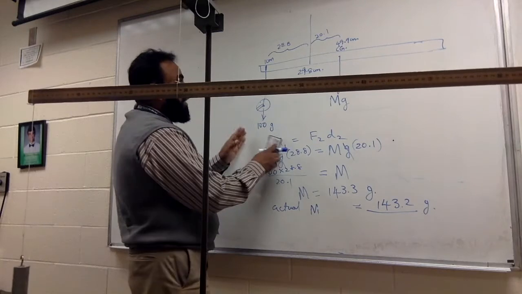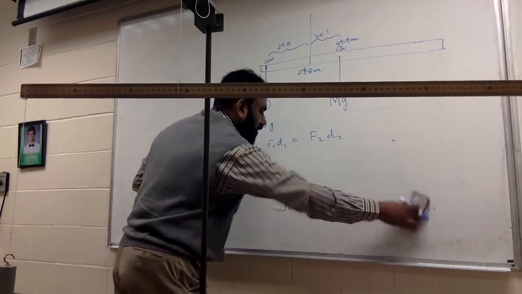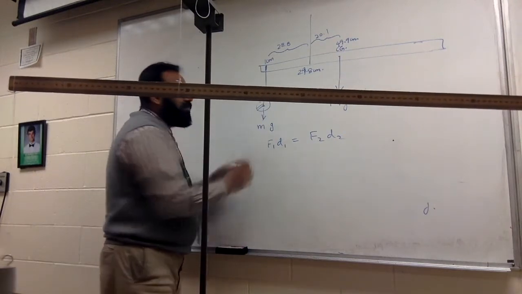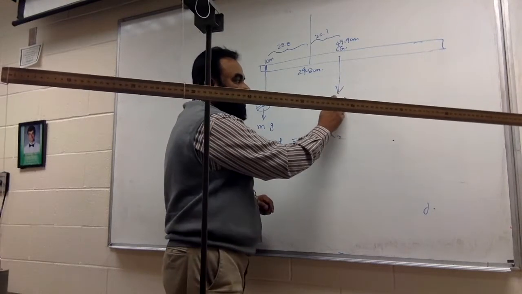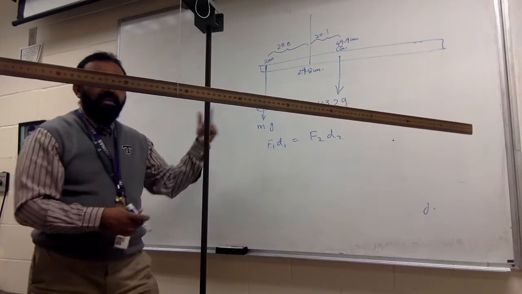What's the calculation for the next step? You do the same stuff. You don't know this, so call it M. But you know this, so it's 143.2, right? Use the actual one, and then do the calculation again.